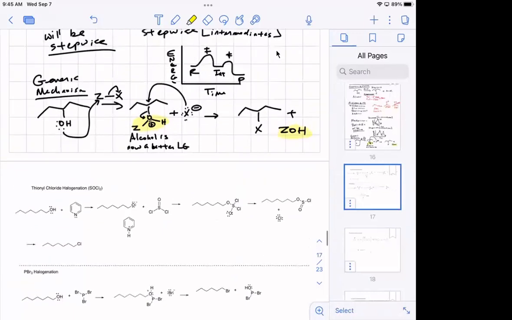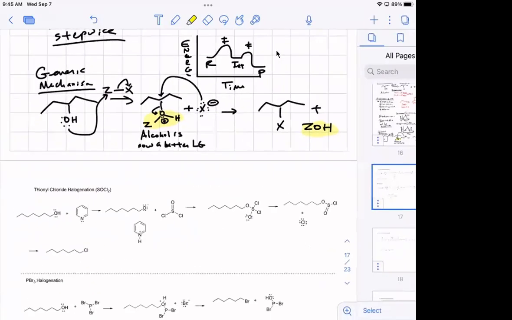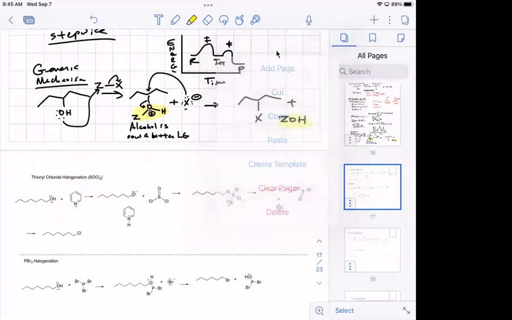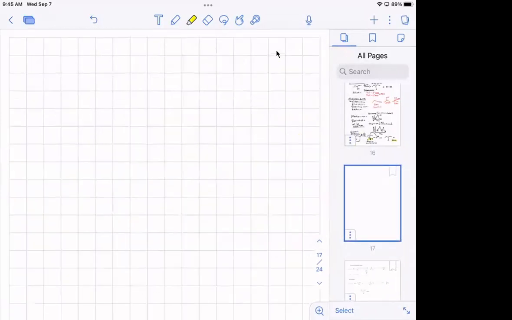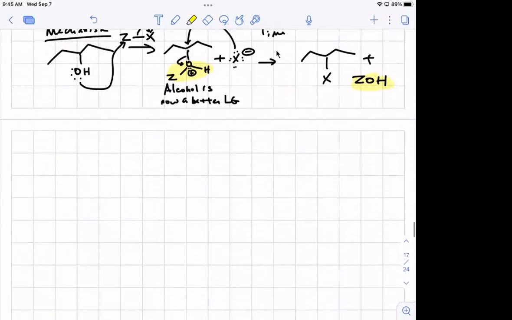All right, so let me introduce you to the methods, and then we're going to go through each method, mechanism, all that. For primary and secondary alcohols, you've got two methods that you can use.